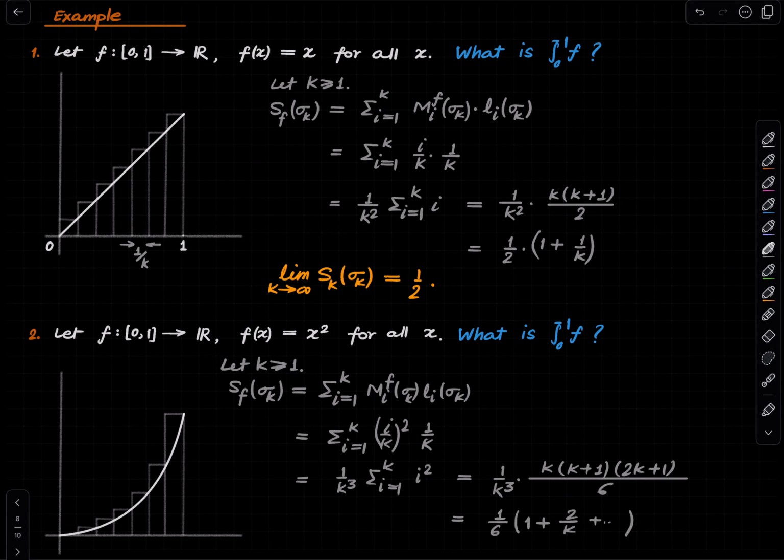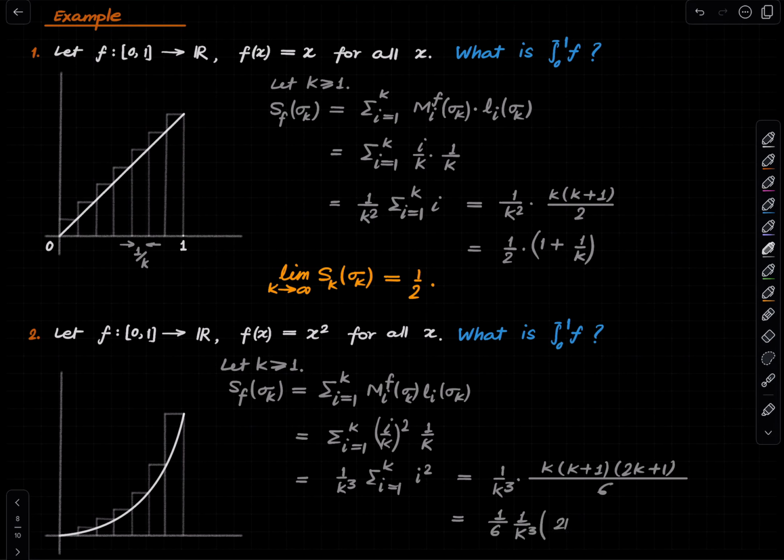So there is something wrong here. It cannot be 1 upon 6. It should be 2 upon 6. And do we get 2 upon 6? Yeah, so there is a 2 here. It's actually 2k cube. What is inside? So let me put the k cube outside for the moment. What is inside?